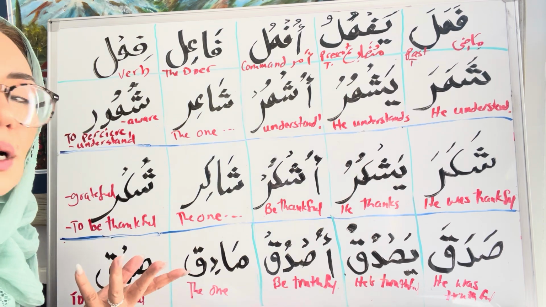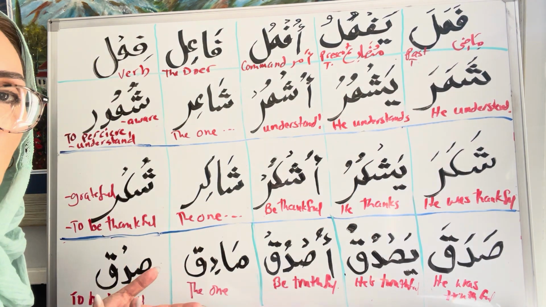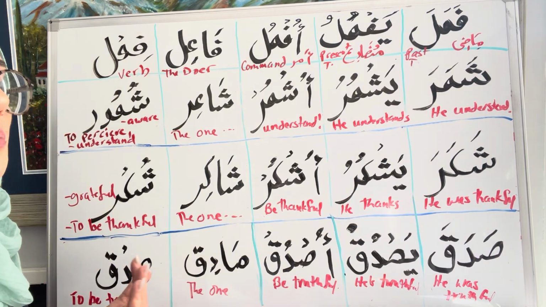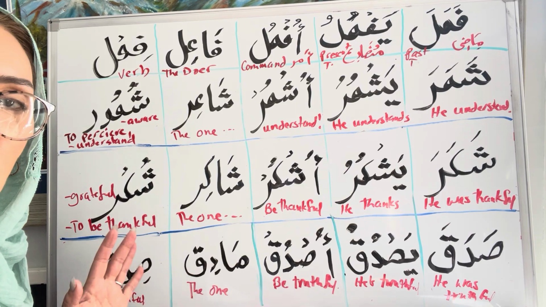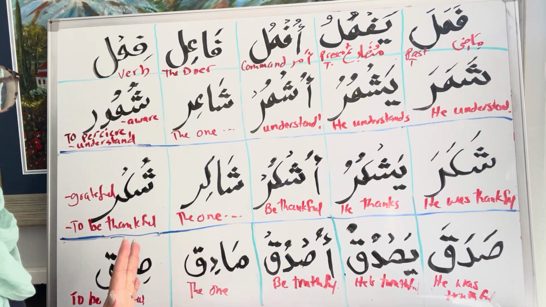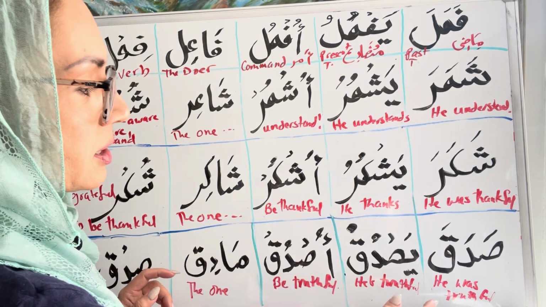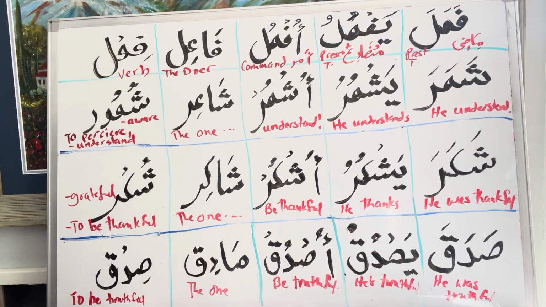Shukran, yeah, when we always say that. This also means to say thank you, but it also means to be grateful and be thankful. So regardless of whether something good or bad is happening to you, we always say shukr, in any condition that we have. And then we have sadaqa, yasduqu, usduq, sadiq, and then sidq.